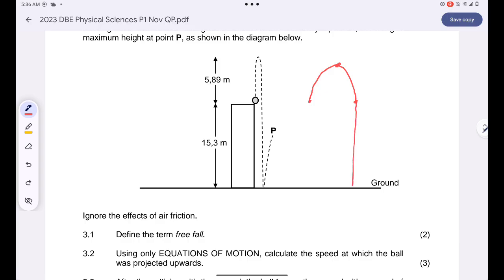Then it will go to the ground, stay there a little bit, and then move upwards to point P. So whenever they say draw a displacement time graph, this will be a displacement time graph. You are done, by just tracking the movement of your object.